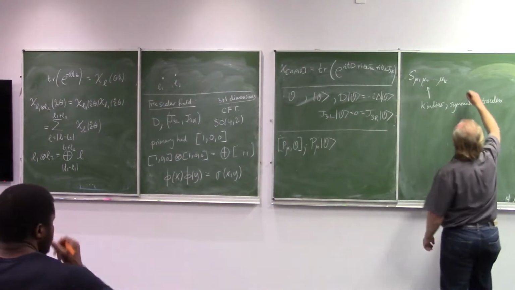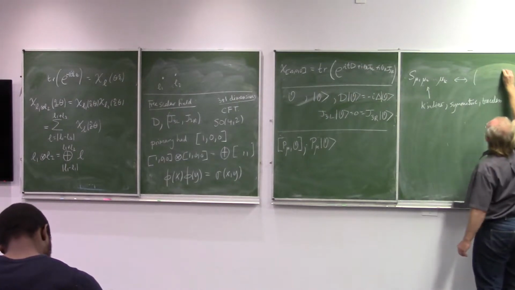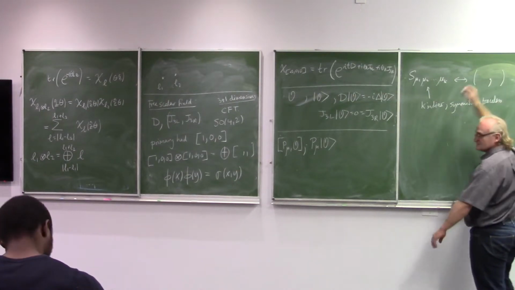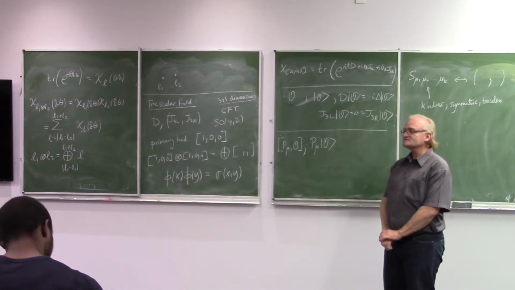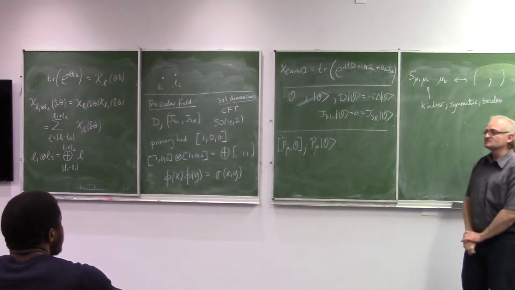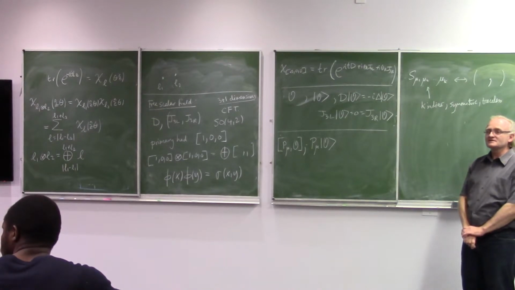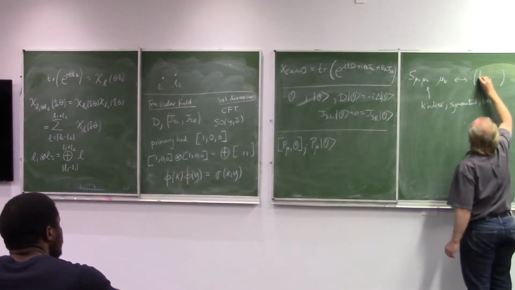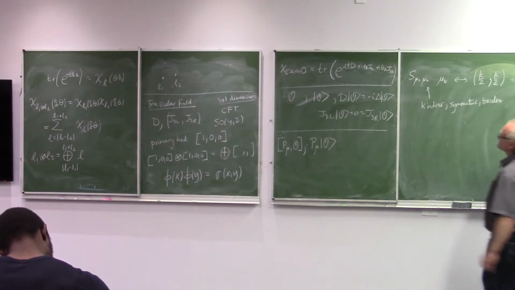This thing, as a representation of the Lorentz group, has a certain spin. Let me check. Celeste, what is this representation of the Lorentz group? Good. k over 2, k over 2.